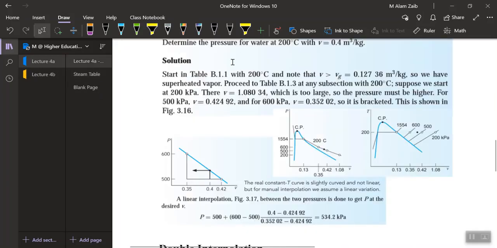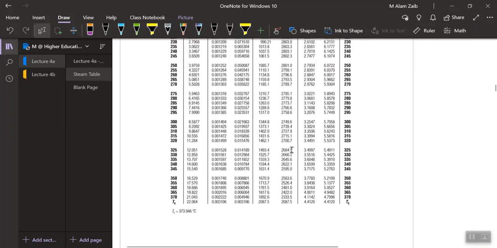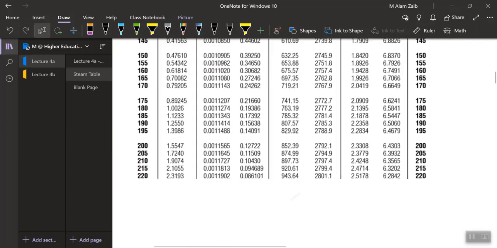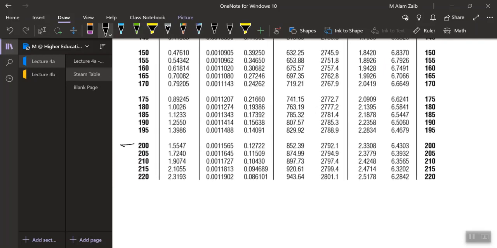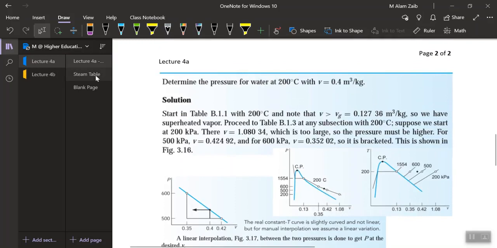Now, in the saturation temperature table, at 200 degrees centigrade, we have to find the volume. So let's check the volume at temperature 200 degrees centigrade. So this is actually our temperature, 200 degrees centigrade, and let's check the volume. Our given volume is 0.4 cubic meter per kg.